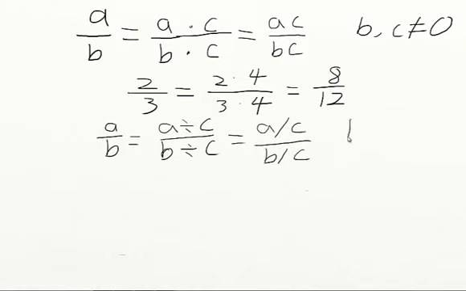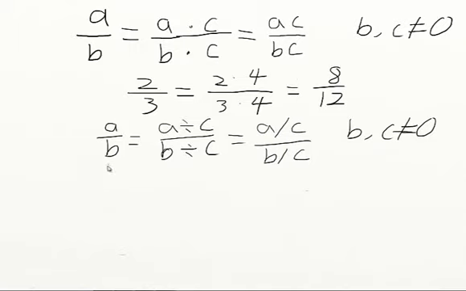Now same here, b and c cannot be 0. We cannot divide by 0. So that is actually something we're using in simplification a lot. Normally we just factor, finding out what factor is shared by the top and bottom, and then we can take them out.